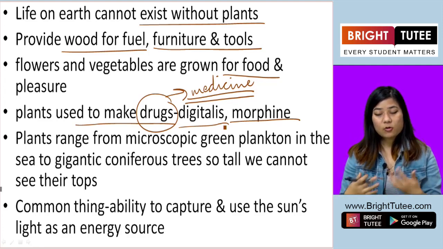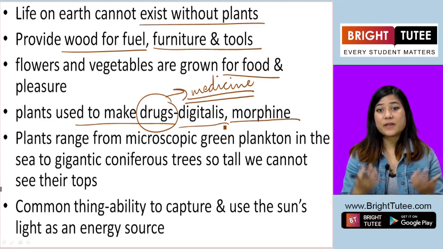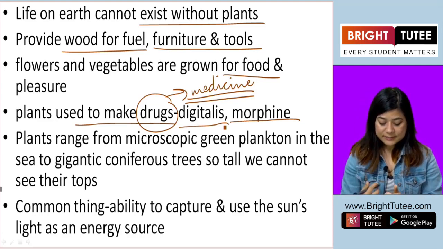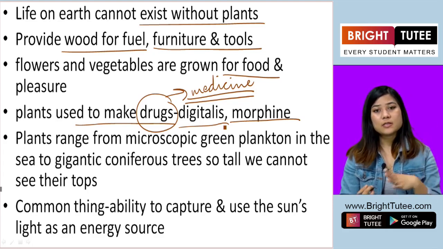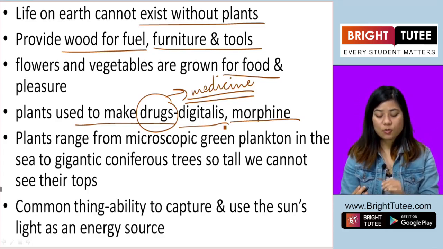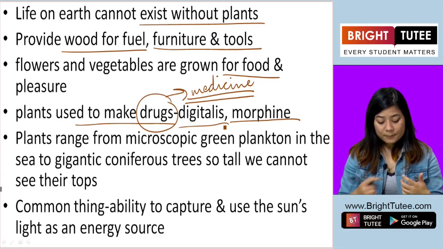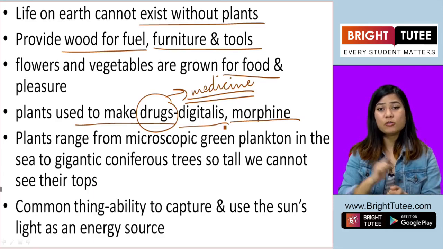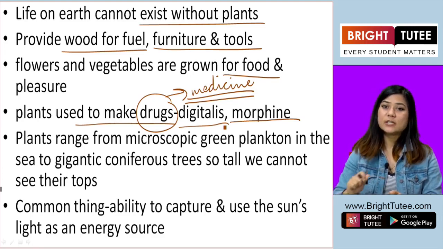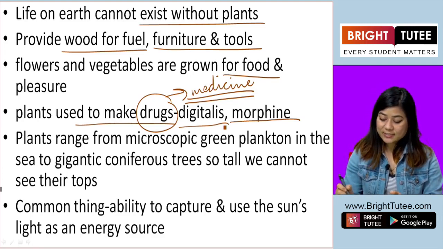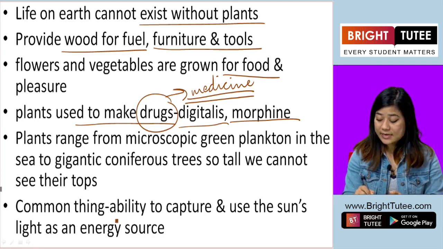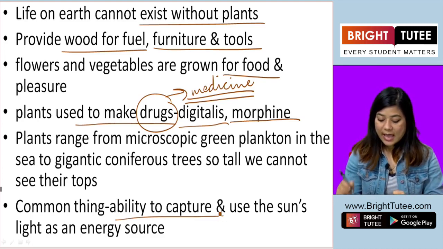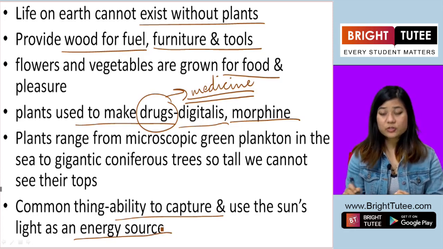All these are part of the vegetation. Some we can see, some we cannot see. Some are so tall, some are so small and so tiny. But the only common thing between all these plants, between all these trees, is that they're able to capture the sunlight and use it as a source of energy.